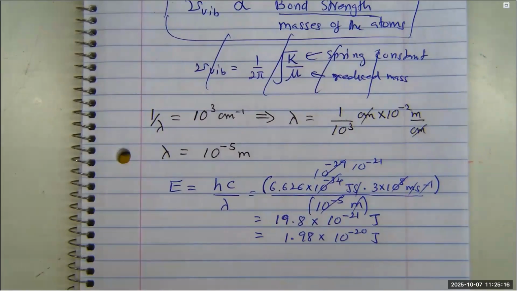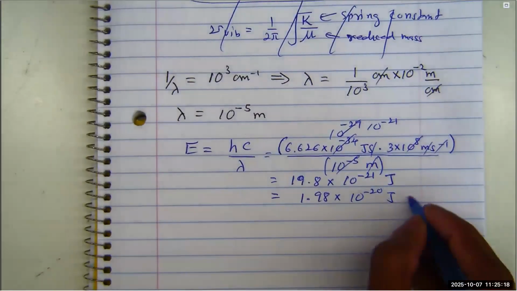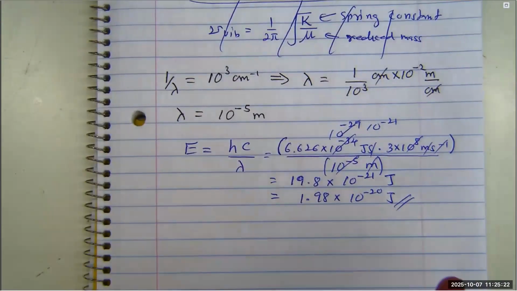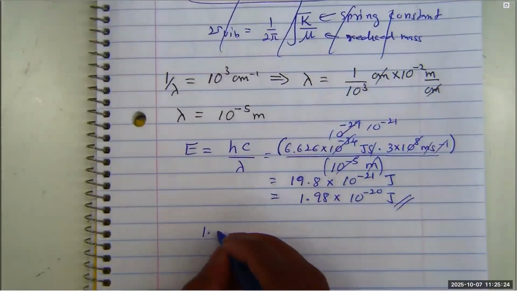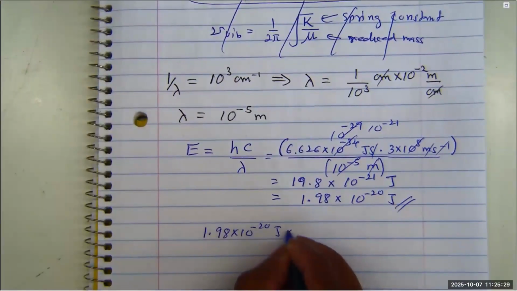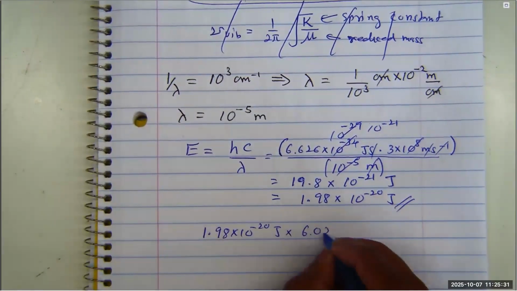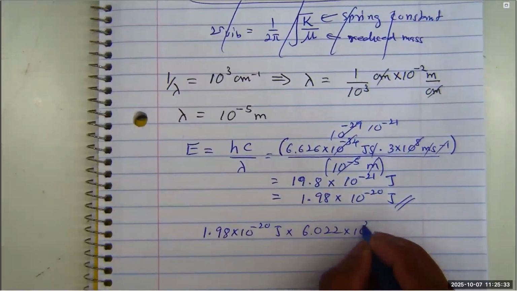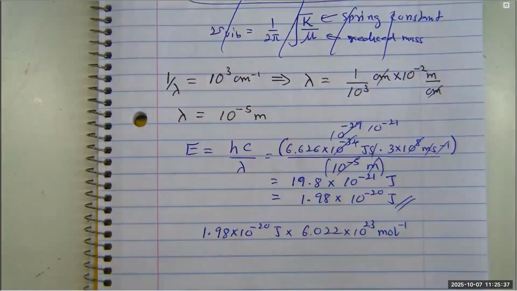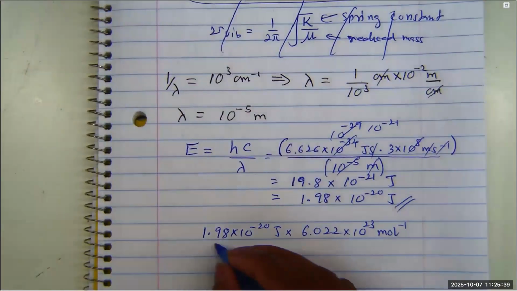But I want this in kilojoules per mole as well. This is one of the answers. To make this kilojoules per mole, I take this number, 1.98 times 10 to the power of negative 20 joules, and multiply it by Avogadro's number, 6.022 times 10 to the power of 23. Why? That's how many photons I have in a mole of photons.